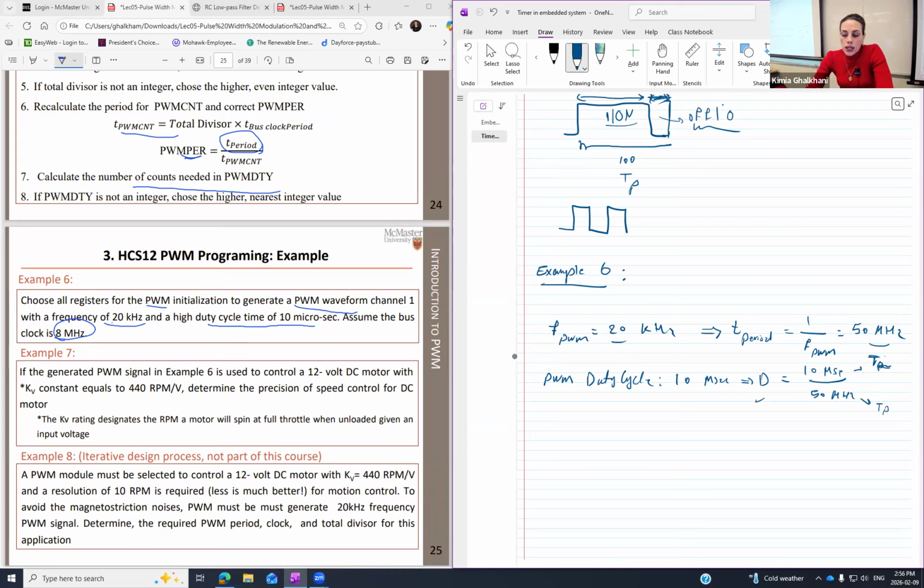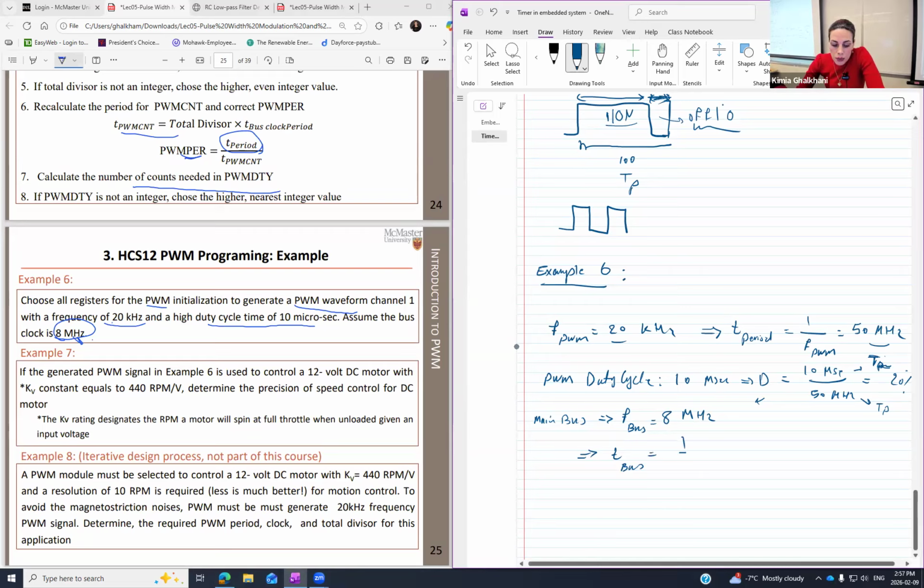Therefore, I'm going to consider it 8. And then from there, T bus is going to be 1 divided by 8, which is 0.125 microsecond.